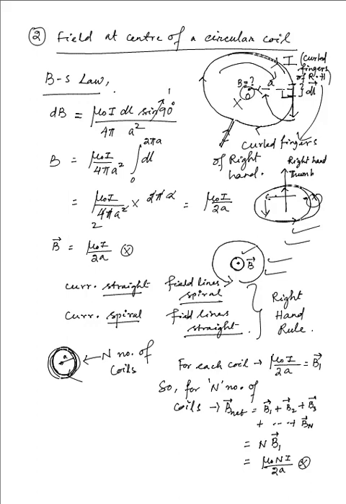There's another case that we can consider, if we are taking a sector of the circular path instead of the complete circle. So if the current is supposedly moving like this, we are considering a sector. In this case, at a point which is lying over here, the coil is this one.